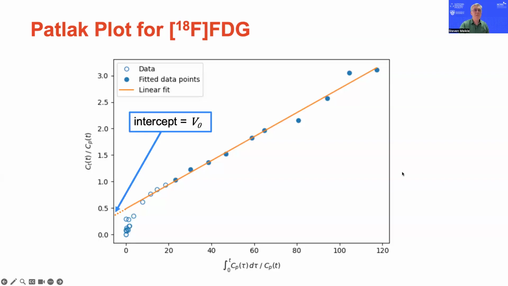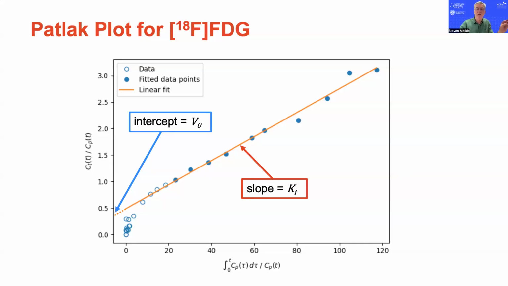My intercept is going to be equal to V sub 0, which we usually don't worry about too much for FDG, although it does have some physiological meaning. And the slope is Ki, which is the parameter we're usually more interested in. So that's a Patlak plot. It's a much simpler and more efficient way to get Ki.